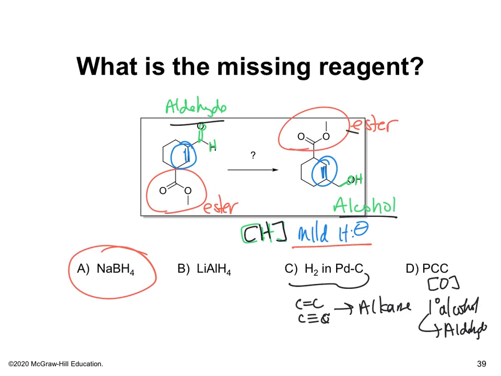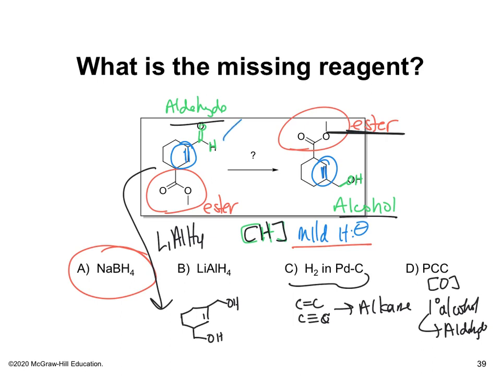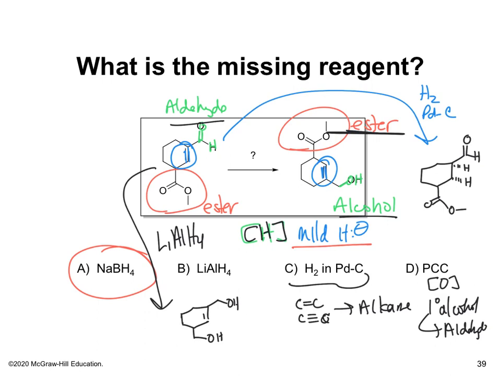Lithium aluminum hydride would have reduced the ester as well, and you would have gotten this product. If you would have reduced this with hydrogen and palladium on carbon, you would have gotten this product, with hydrogen added on the same side, and the aldehyde and the ketone still intact.